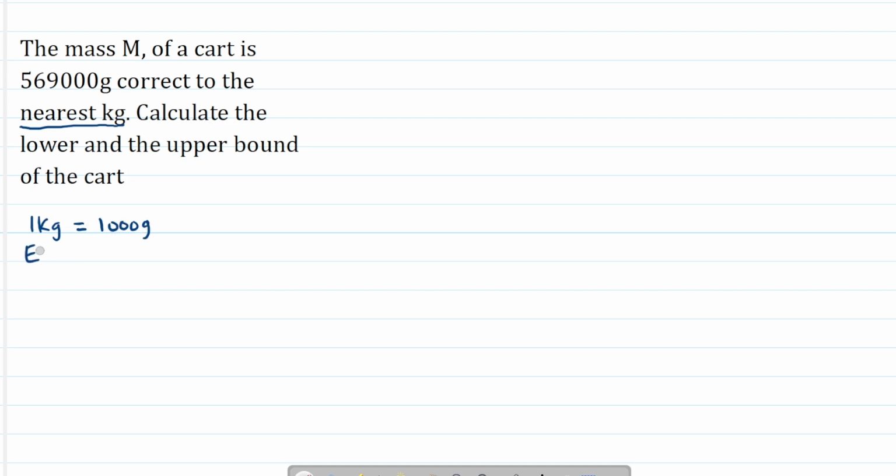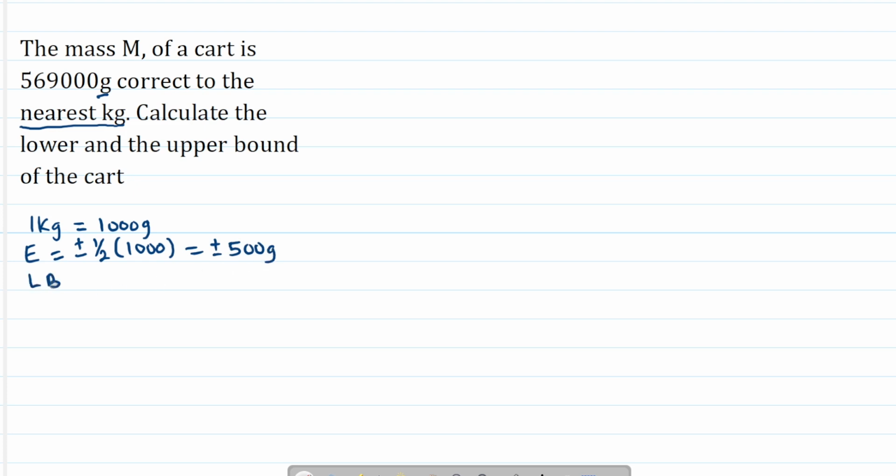Therefore, I needed to change from kilogram to gram so that my unit here can be in agreement with the approximation. So the error will be plus or minus half of 1,000 gram, and that will give us plus or minus 500 gram.